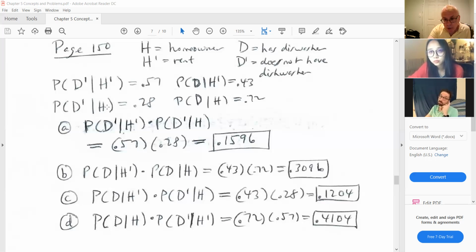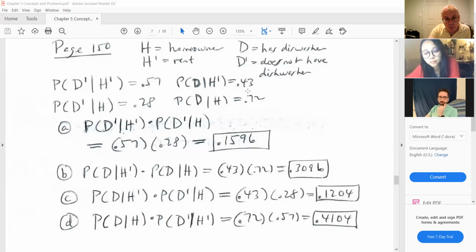Now, conditional probabilities, this is something you should know. Maybe you already figured it out. Conditional probabilities have the same rules as unconditional probabilities in terms of being between 0 and 1. For example, this conditional probability that the person does not have a dishwasher, given that they rent, the complement of that must be that they do have a dishwasher, given that they rent.